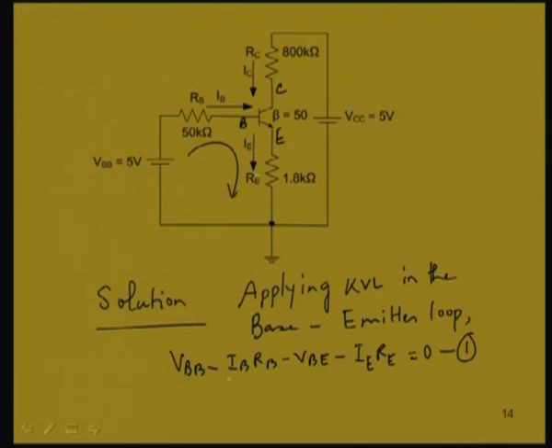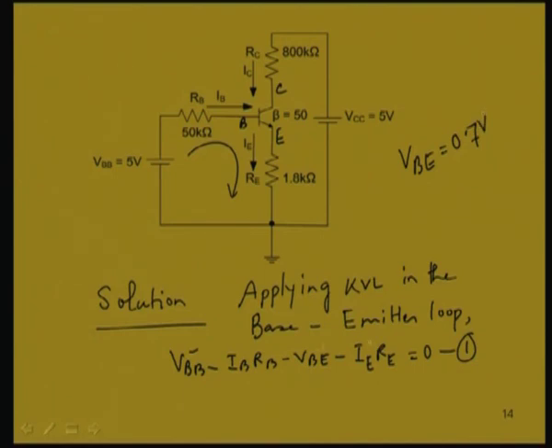Now, what are the values we can substitute? VBB is known, it's 5 volt. IB we do not know, we have to find it out. RB we know. For VBE we use the constant voltage drop model; even if it is not specified, we will assume 0.7 volt drop for the transistor base emitter junction.